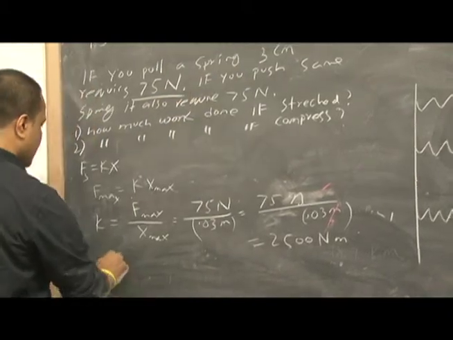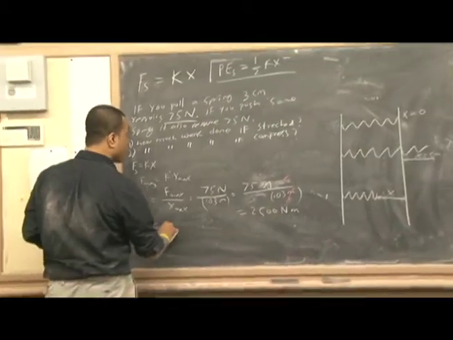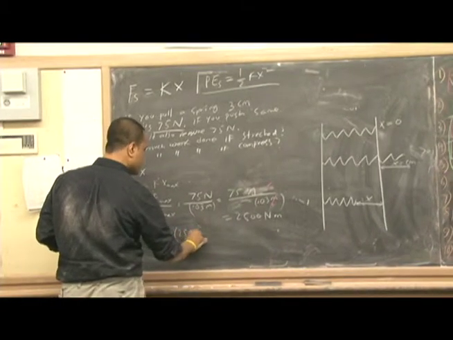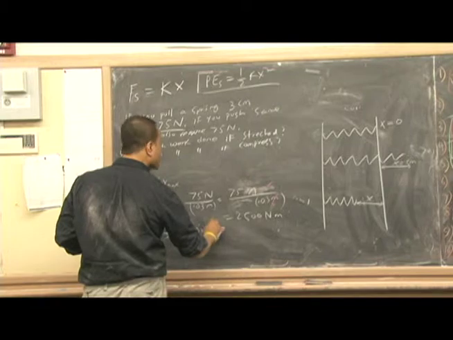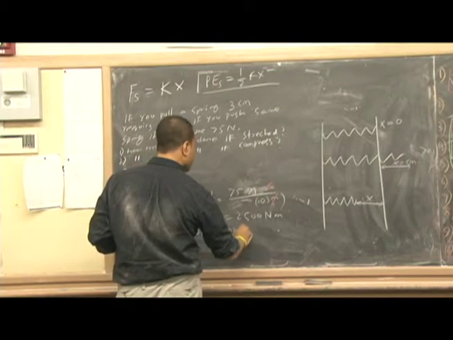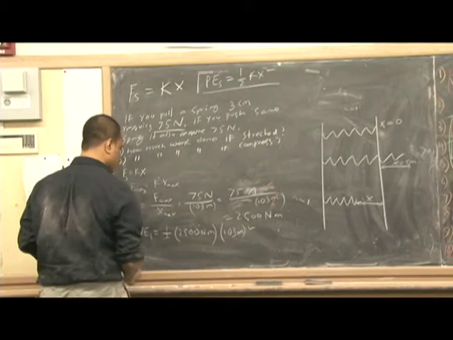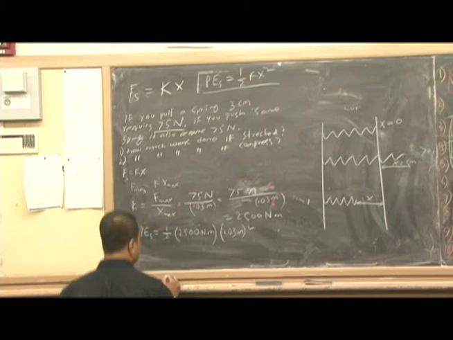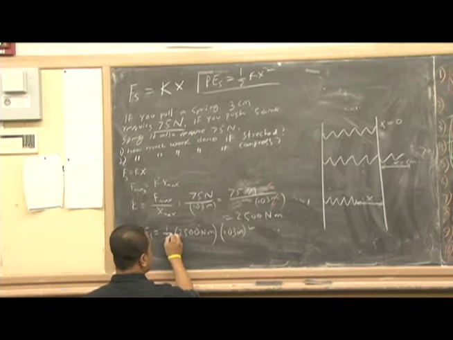Okay. So let's see then what would be the potential energy of that spring. So potential energy is half k, where k is 2500 Newton per meter, and x is 0.03 meter squared. Alright.